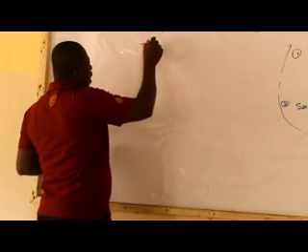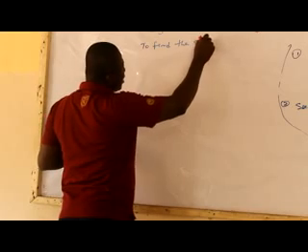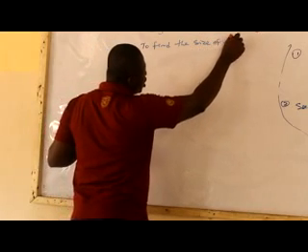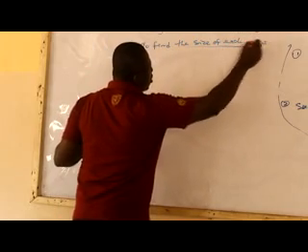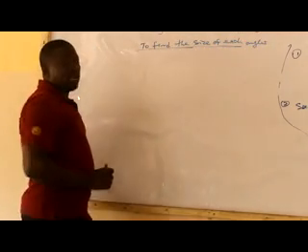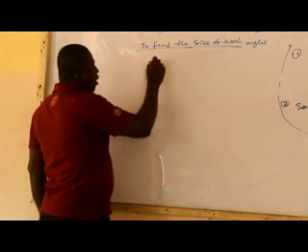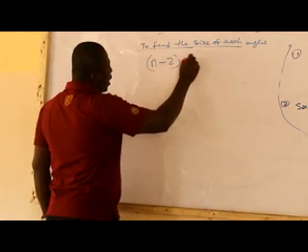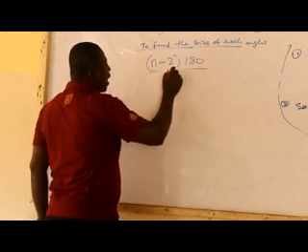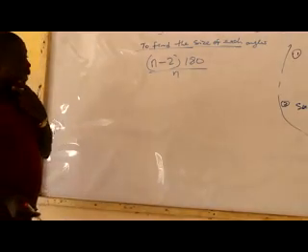To find the size of each angle, we are finished with the sum of the angles. So to find the size of each angle, we use the formula n minus 2 multiplied by 180 all over n. You can use this formula, or you can use any other formula.